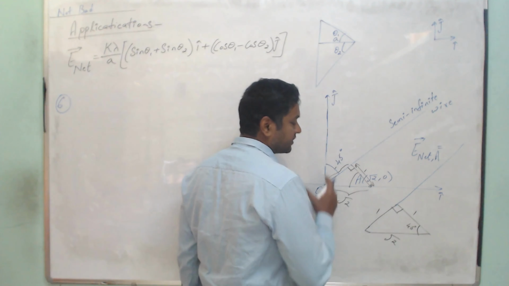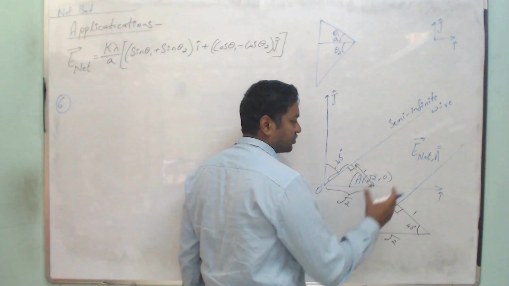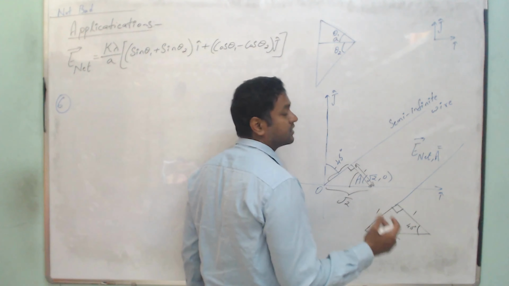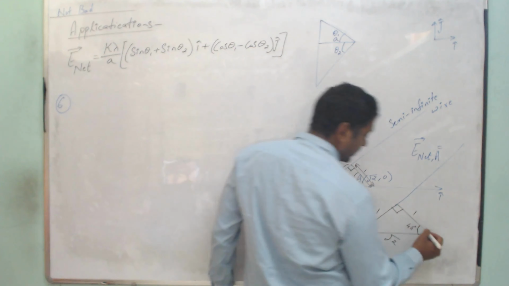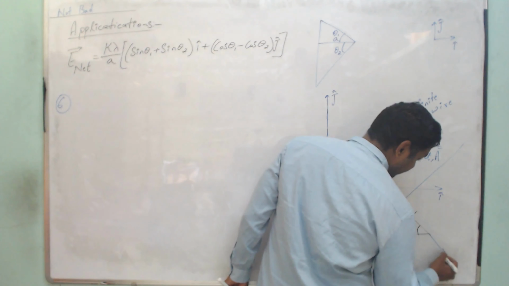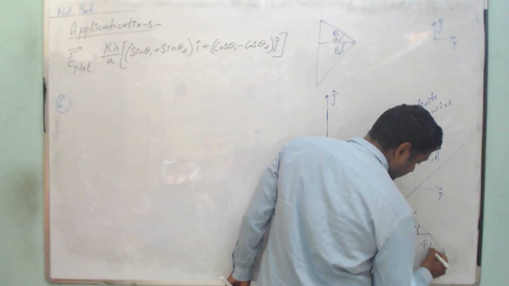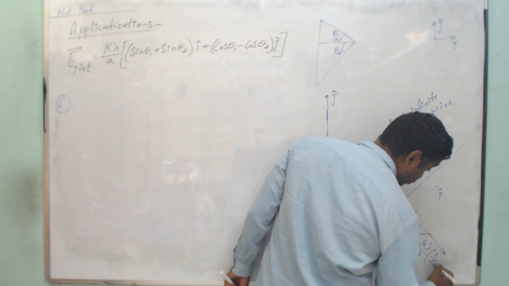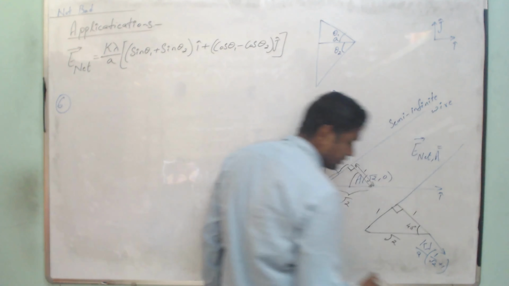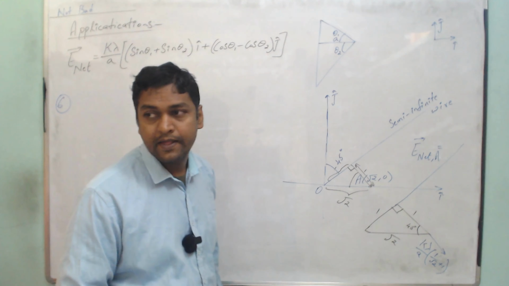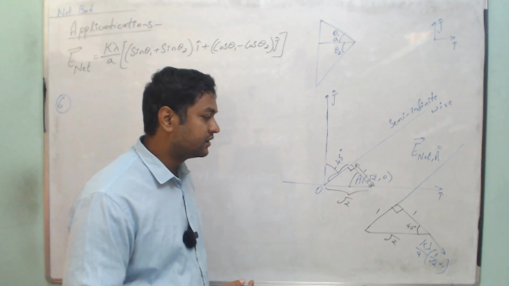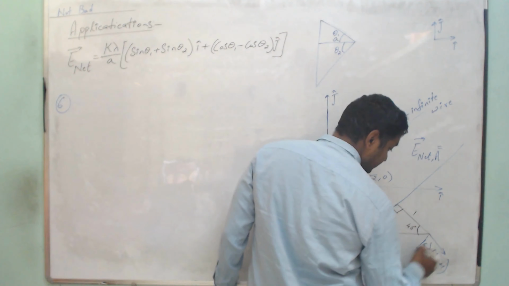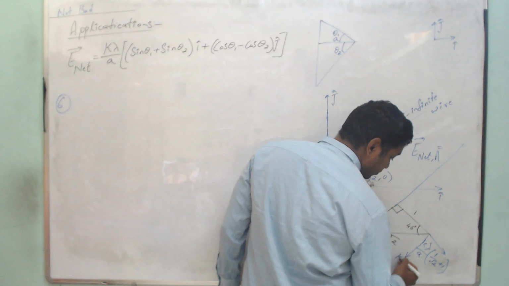By drawing this figure and getting this 45 degree, what I am figuring out is that my electric field away from the wire is what? Just now we solved: k lambda by A into (1 by root 2 plus 1). Correct? And my electric field in this direction is what? k lambda by A into 1 by root 2.